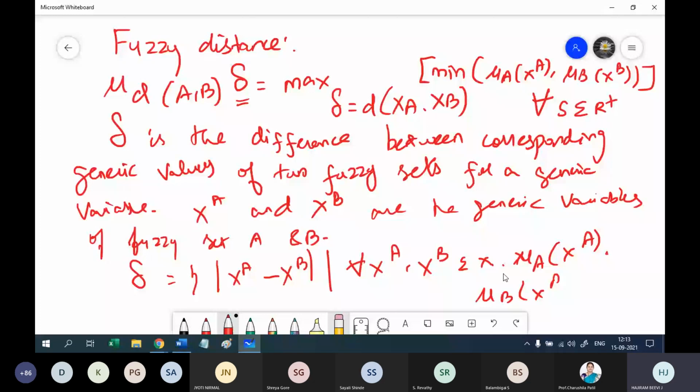Everyone noted this one. We'll see the sum, then we will get a clear idea of how to find the fuzzy distance.